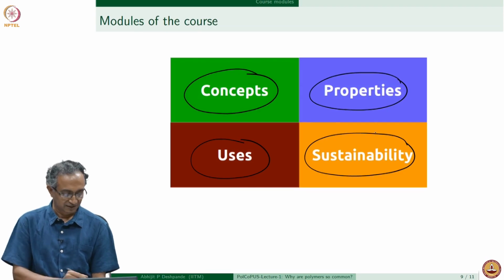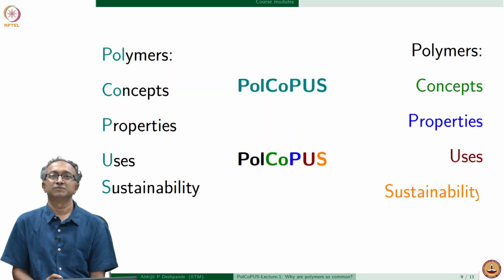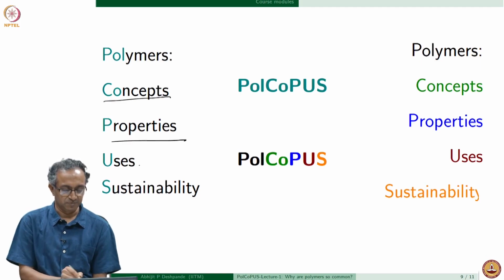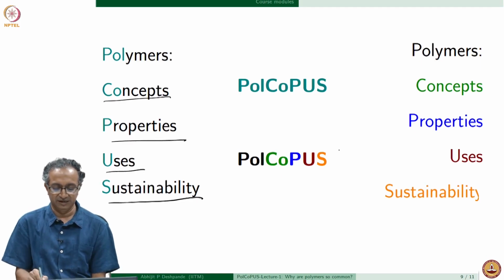So with this thought, we will finish with this introductory lecture where we looked at what are the advantages and disadvantages associated with polymers. And throughout this course, we are going to look at the concepts, properties, uses, and stability of these materials.